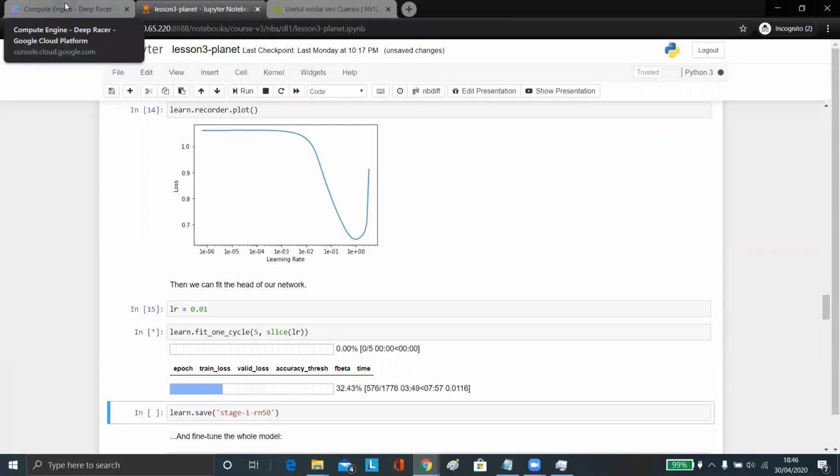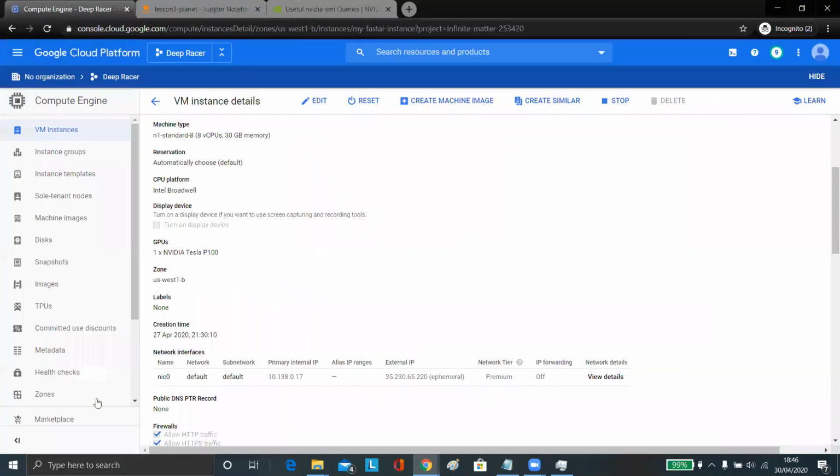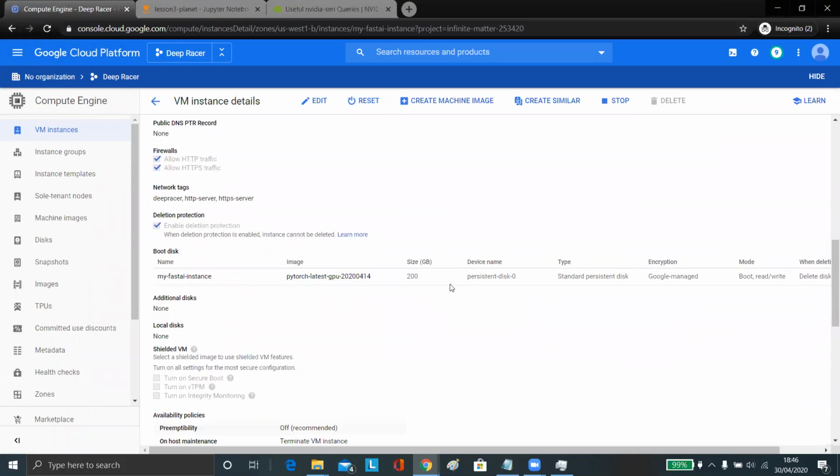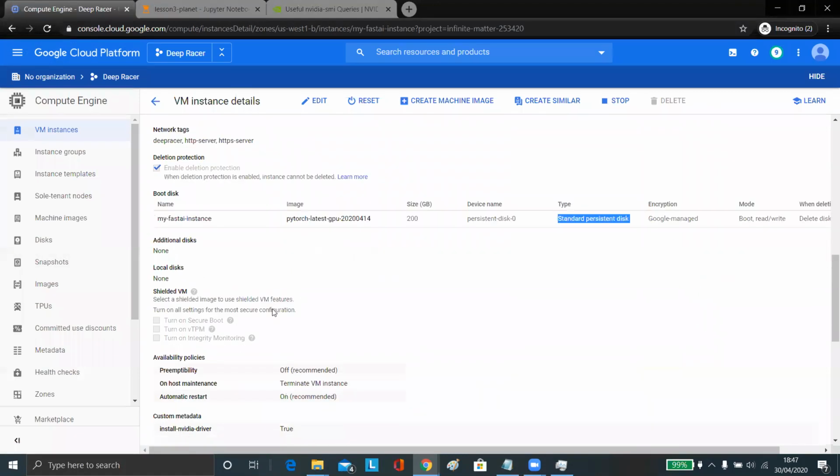Yeah. I think they're all SSDs now in the cloud. Yeah, I think these ones are. Let's see. Should we have a look and see if I've done anything stupid? Size, persistent. Oh, standard persistent disk. I wonder if I had swapped that to an SSD, this would have been going a bit quicker.